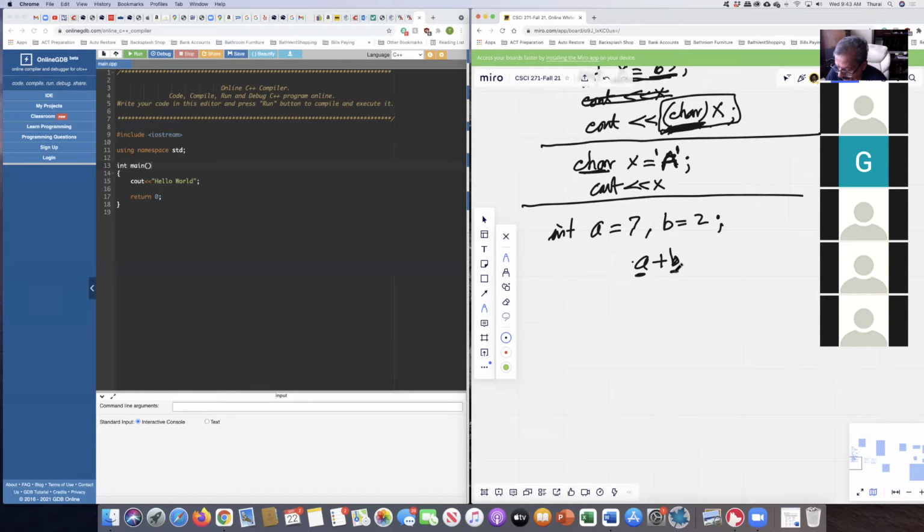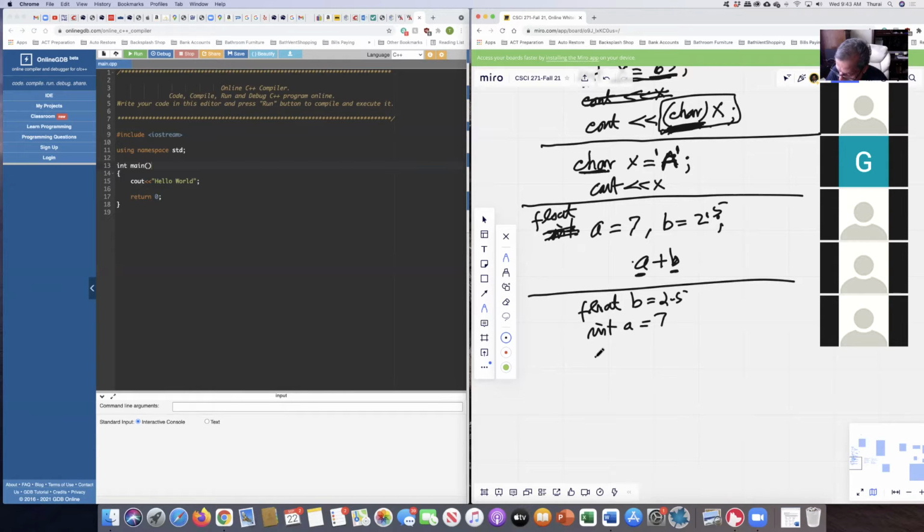So here A and B are both integers, so the result will be integer. And if one of them is a decimal number, like 2.5, then this has to be declared as float. Let me redo that. Float B equal to 2.5 and int A equal to 7.